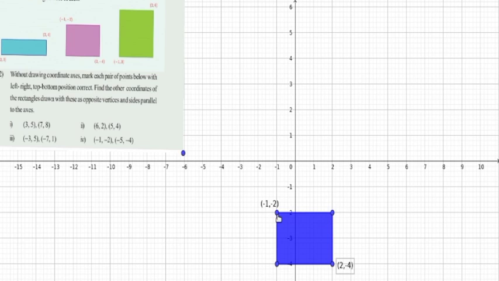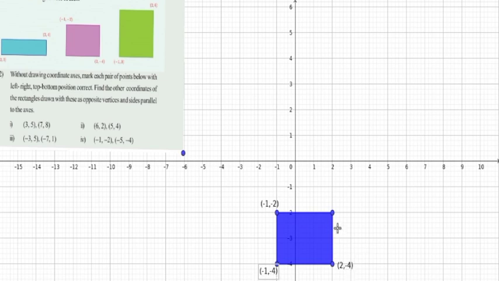And the x coordinates of all the points on this line are the same, that is, -1 is the x coordinate. So (-1, -4) are the coordinates of the second vertex.